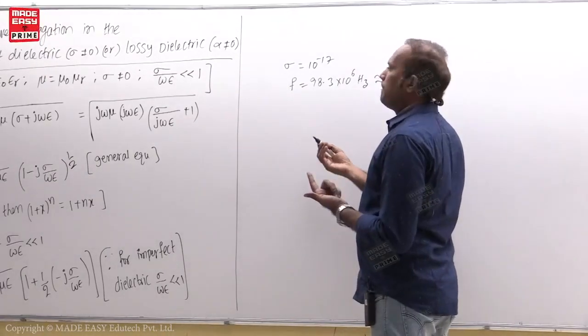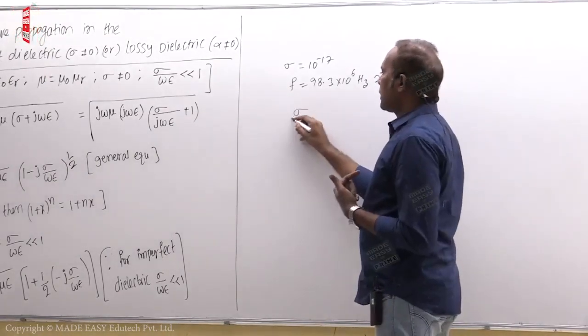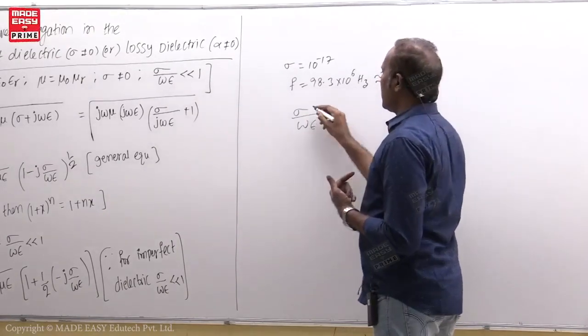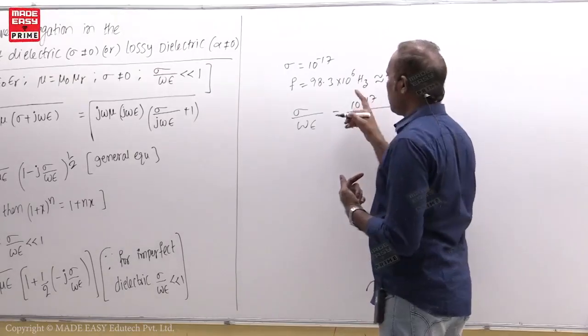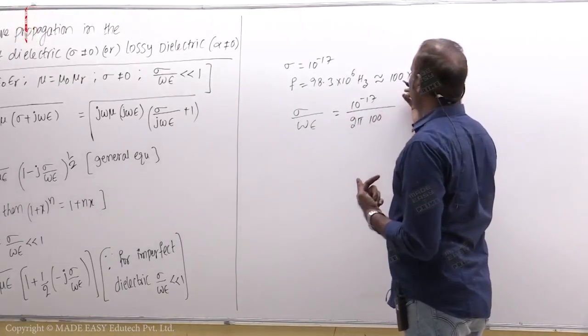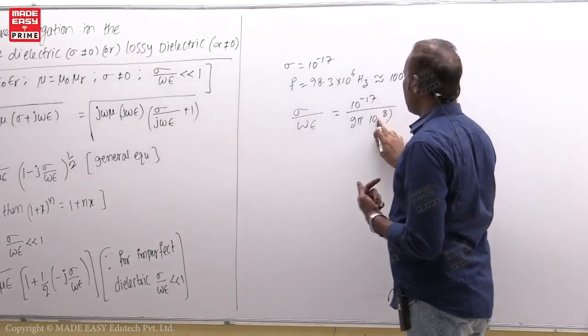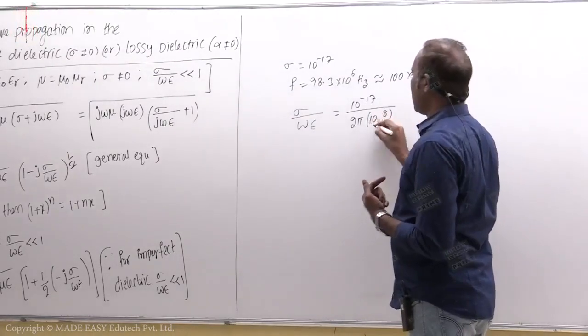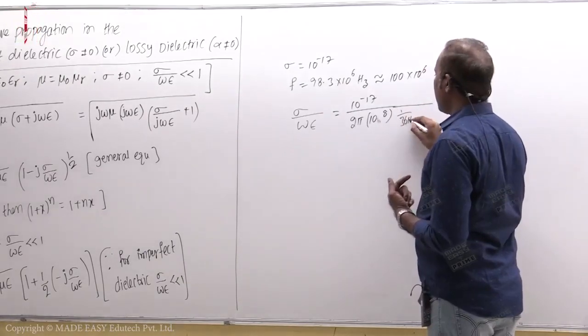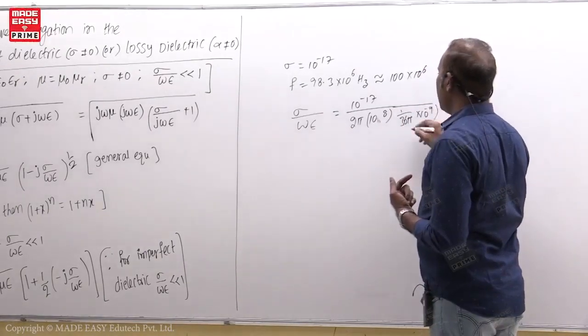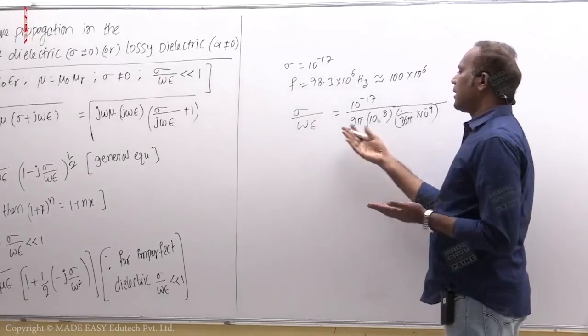Then if you calculate sigma by omega epsilon, sigma is 10 power minus 17 divided by 2 pi f epsilon. f is 10 to the power 8, and epsilon is 1 by 36 pi 10 to the power minus 9, that is epsilon naught into epsilon r.